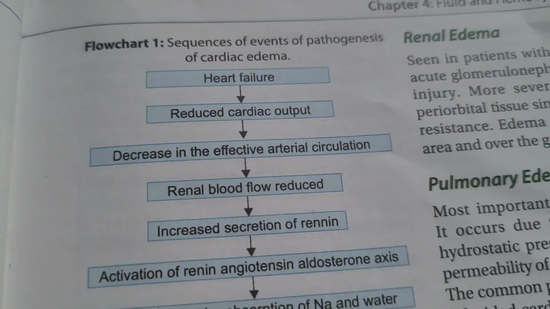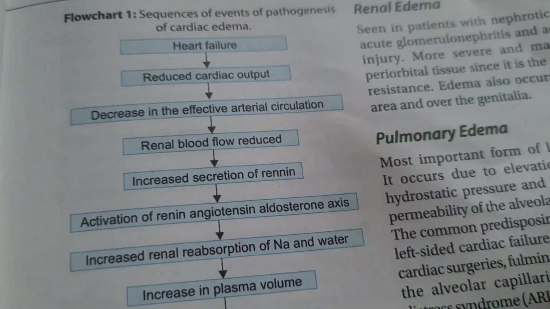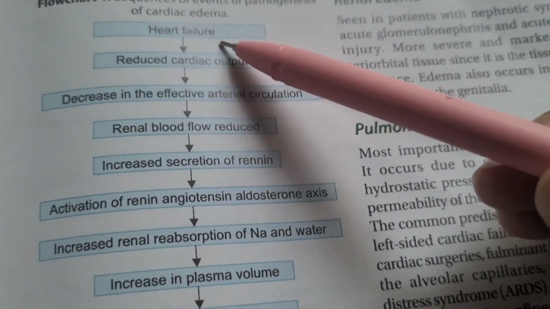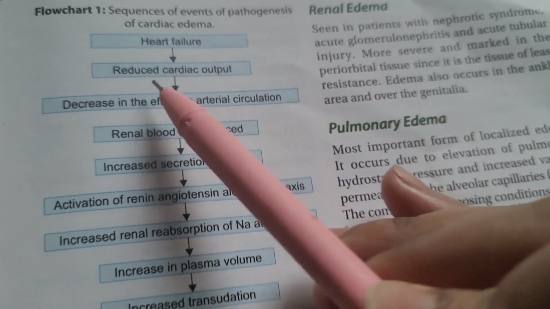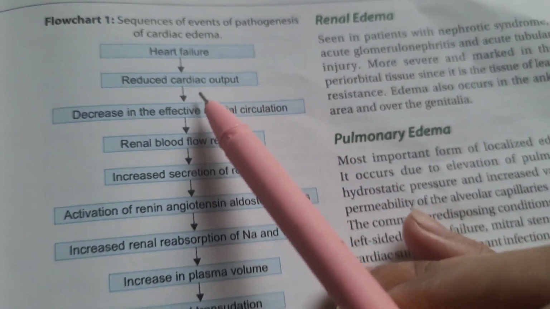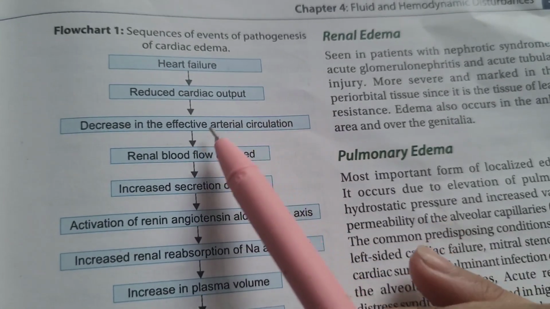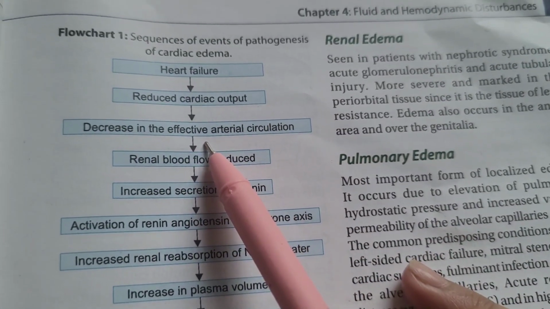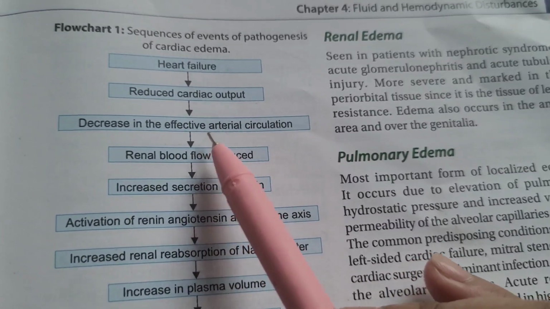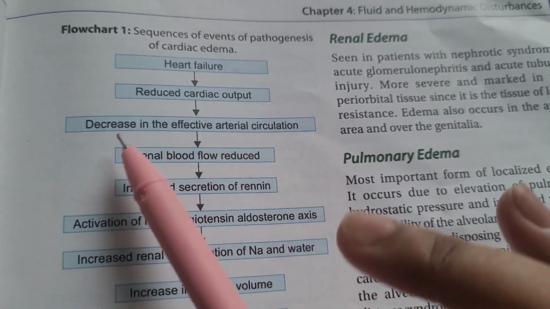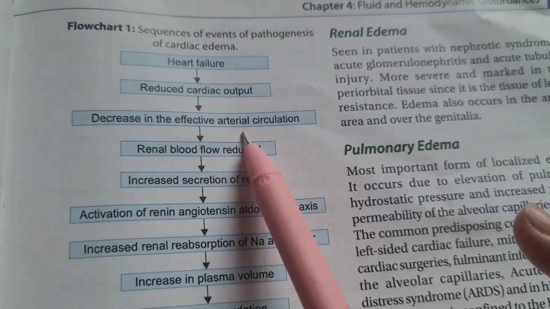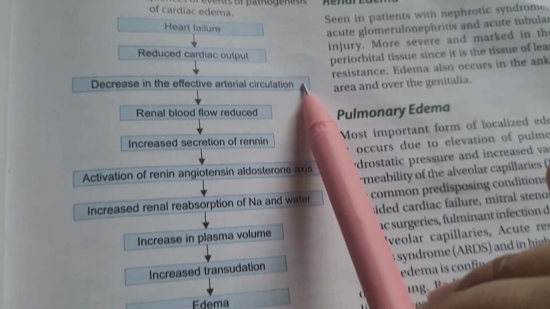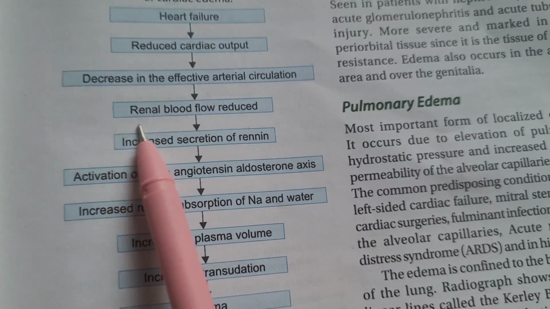So here we will now understand the pathogenesis. When heart failure occurs, heart muscles are damaged, it cannot pump enough blood, therefore cardiac output is reduced. Cardiac output reduced, less supply of blood into the aorta, less supply into the arteries, arterial circulation is decreased. Arterial circulation decreased, blood supply is decreased in all the systems of our body. But we will point out the renal blood flow.